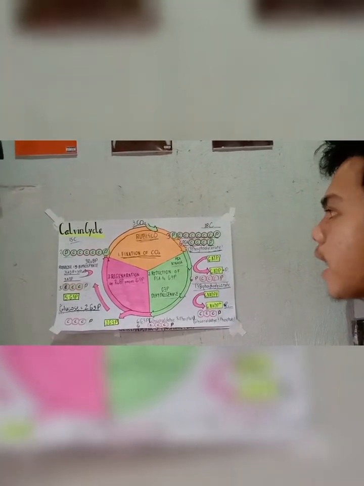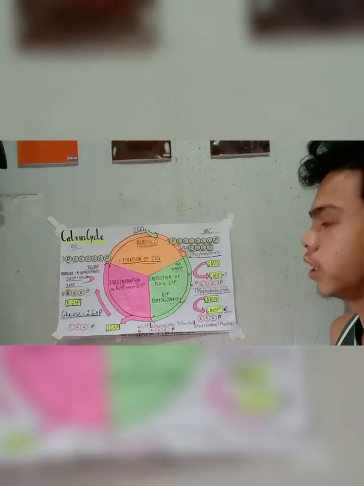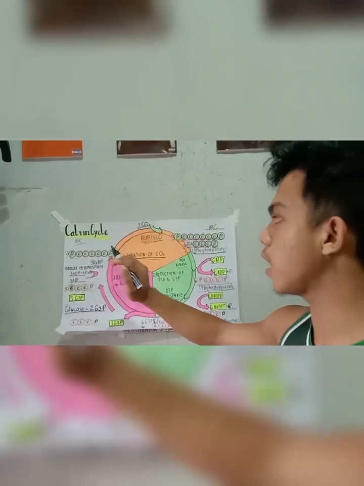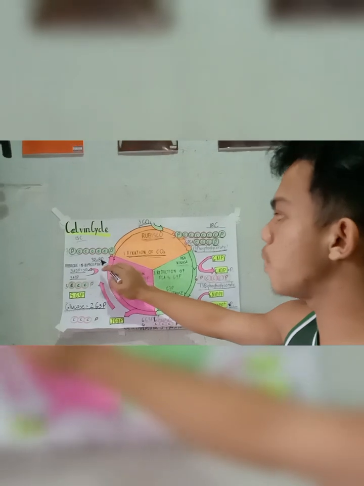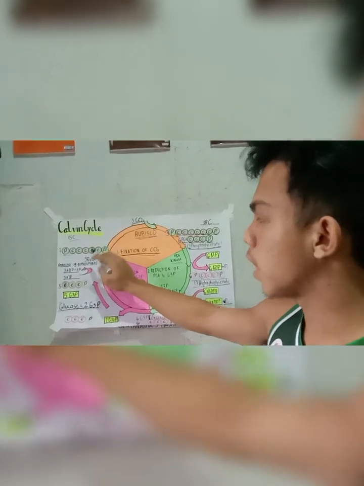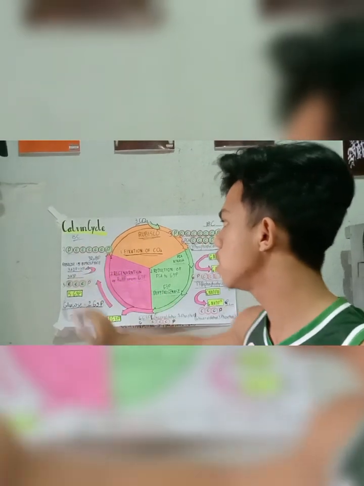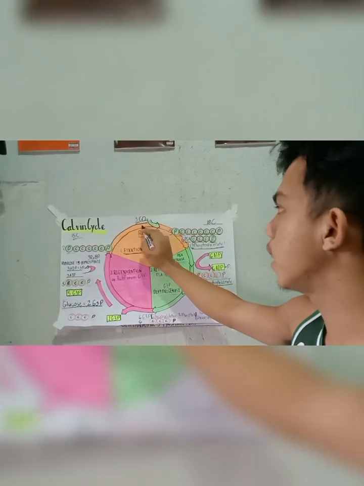So we're gonna track how many carbons are being used in this process. I stated that we have three molecules of RuBP containing 5 carbons each. So 5 times 3 is 15 carbons. Since we use 3 carbon dioxide, that adds 3 carbon atoms.